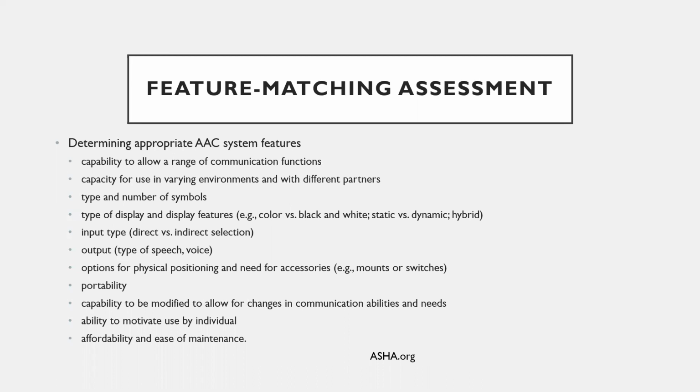Now, the input type: do they need direct selection or indirect selection? Output is important. So going back to my example about my client earlier, she really needed that speech or voice output. And on certain systems, they have the ability to have a male voice, a female voice. Do we need a child's voice?